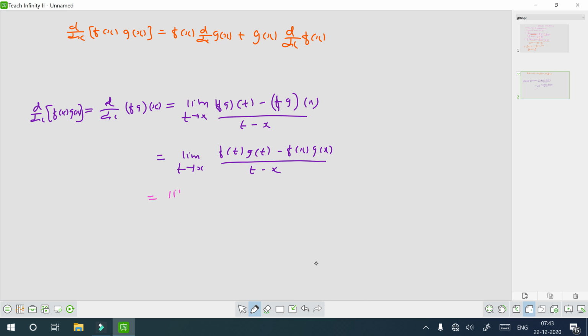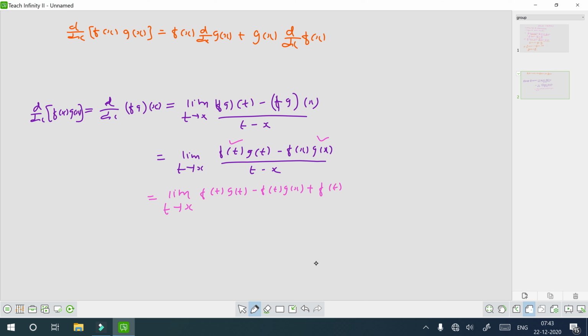That is equal to limit t tends to x, f of t into g of t minus f of t into g of x, first and fourth. Now product subtract and add.